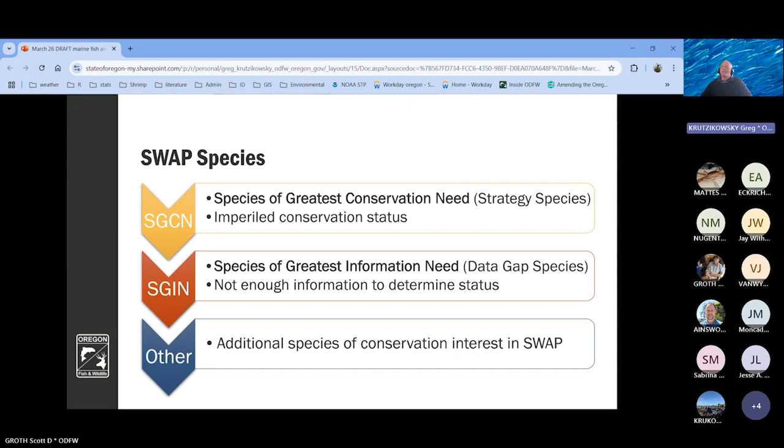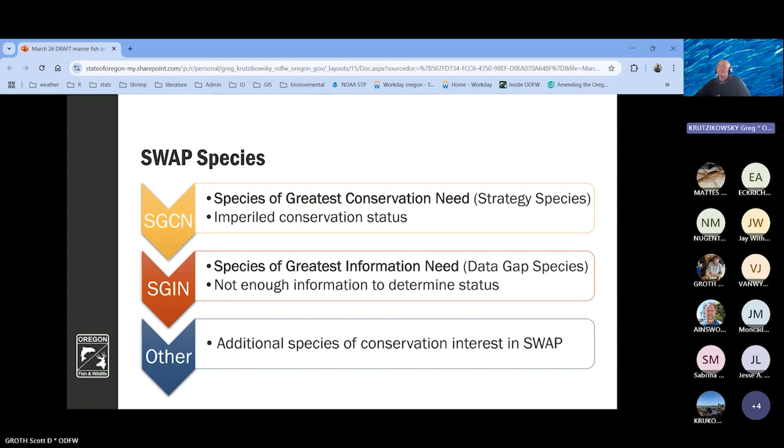So good afternoon, everyone. As we get started, I want to provide a refresher on the three broad categories of SWAP species. ODFW used a process intended to be transparent, robust, and repeatable to identify species included within our SWAP.